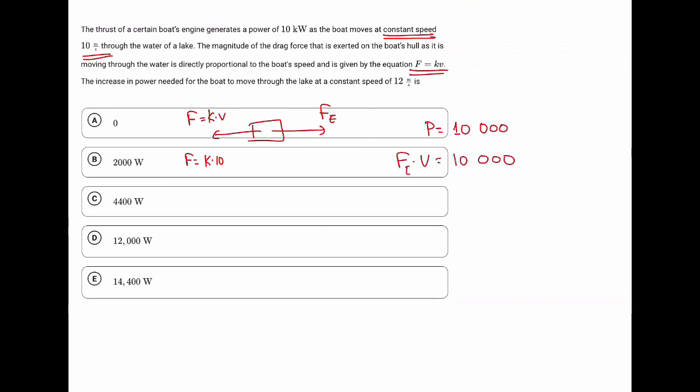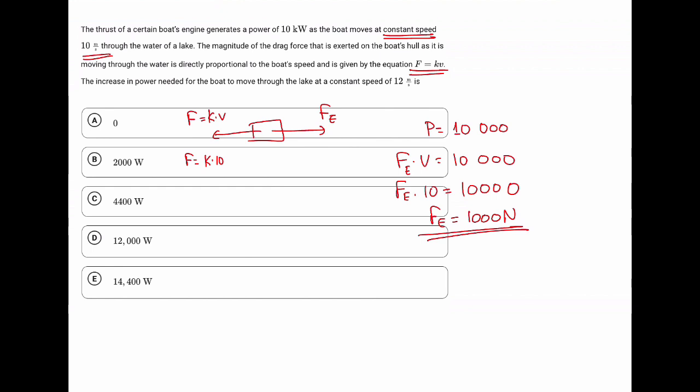We don't know the value of this force, but we know that the velocity is 10 meters per second, so the force times 10 is 10,000, so the force by the engine is 1,000 Newtons.